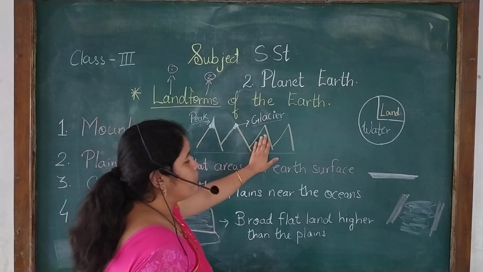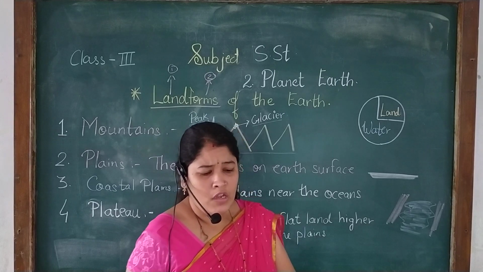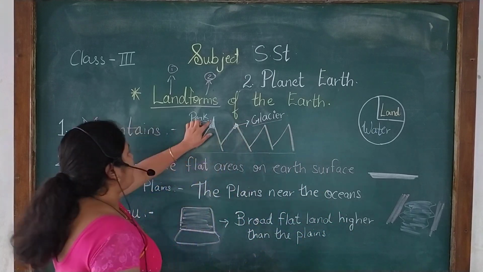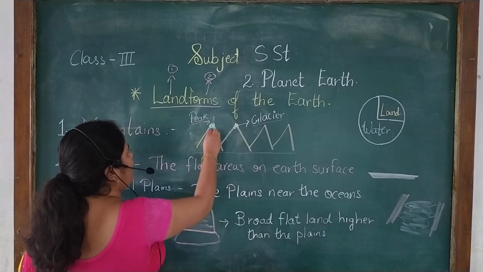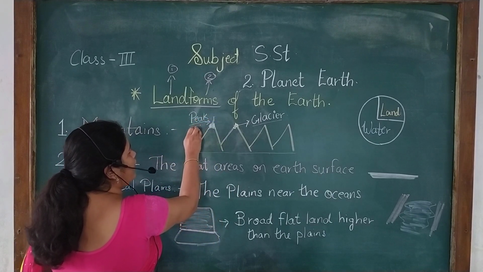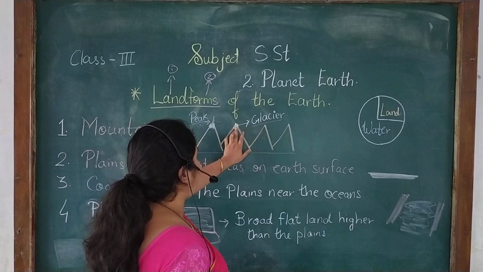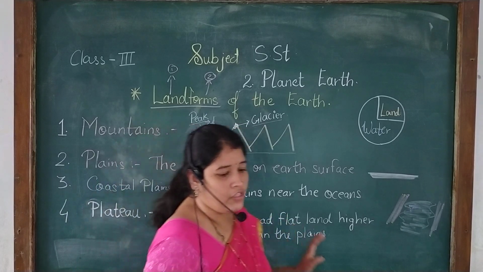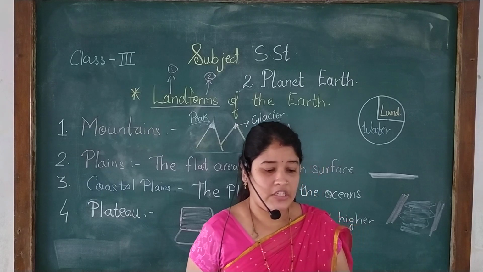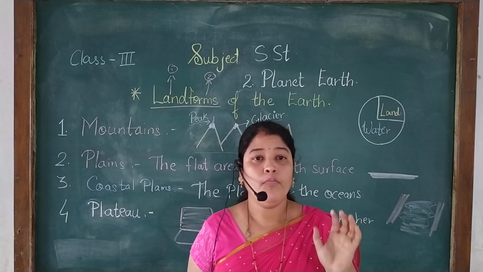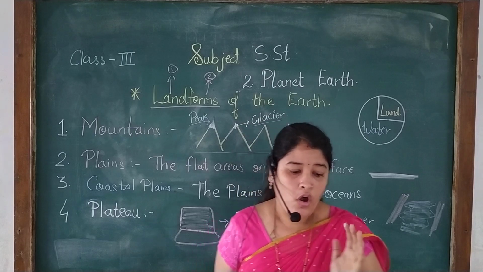Now what is a peak? This highest point, this tip of the mountain, is called a peak. Now see here, this white color I have marked, it is a glacier. What is a glacier? A slow moving mass of ice formed by the piling up of snow on mountains.